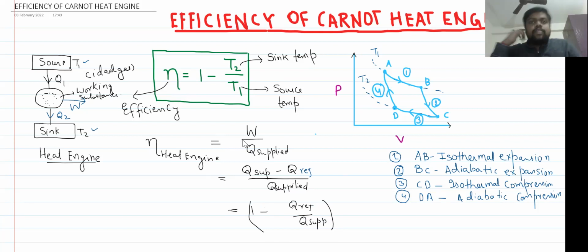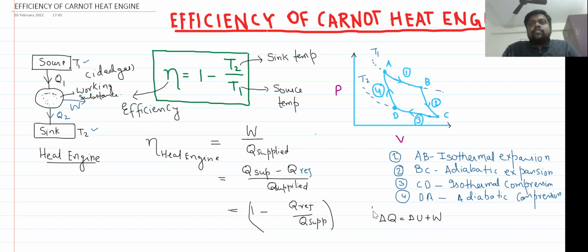Here in this Carnot heat engine, process 1 is isothermal expansion. So heat, formula of delta Q, will be work done. From the first law of thermodynamics, you can write delta Q is equal to delta U plus work done.